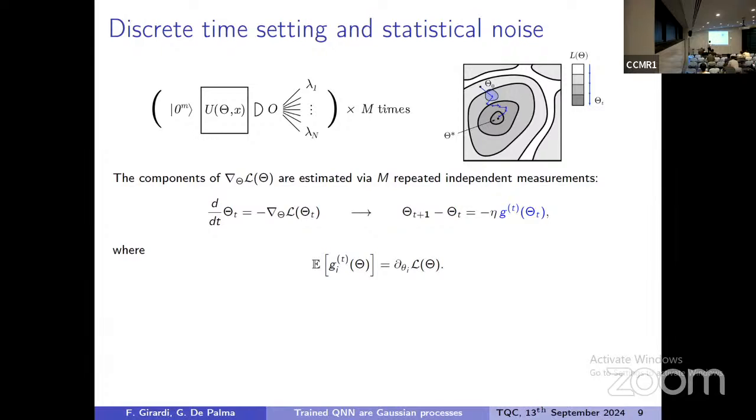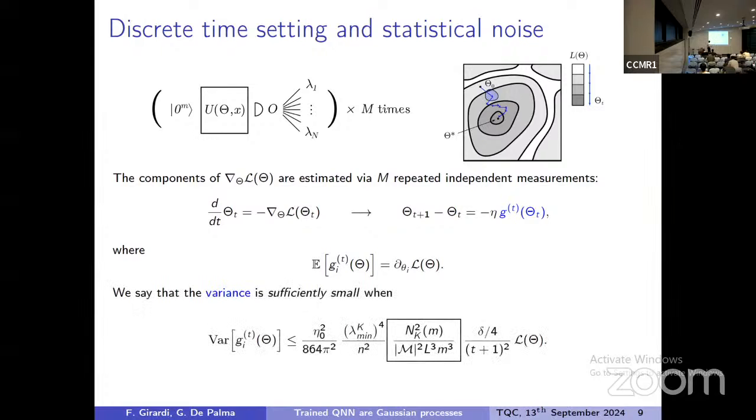But we proved that in order to retrieve all the previous results about trainability and regularity, this bound on the variance is sufficient. It looks really complicated, but what does it mean?